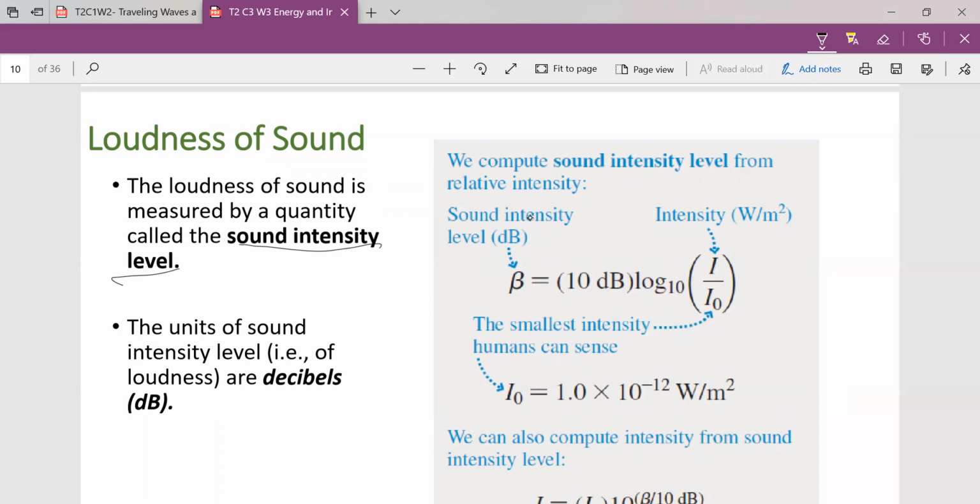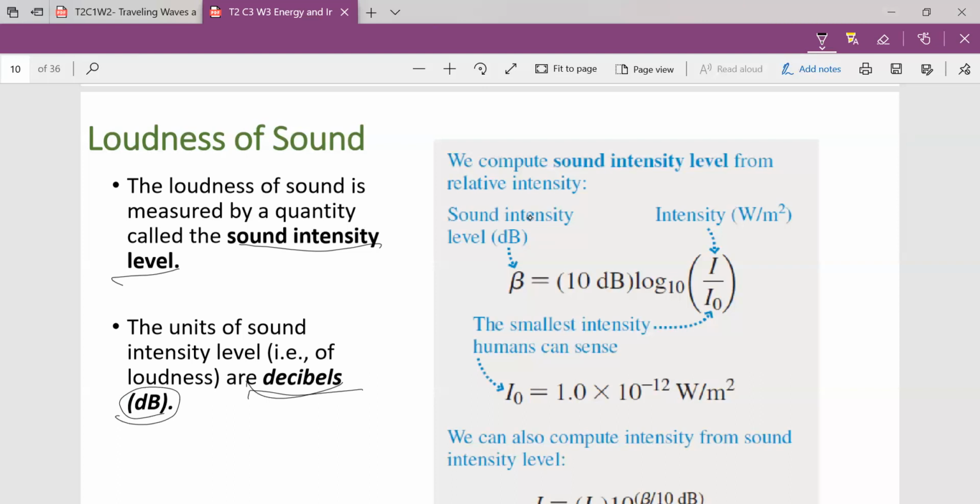The only way we describe the loudness of sound is with the quantity called sound intensity level. The unit of sound intensity level is the decibel. Decibel is represented with dB, small letter d and capital letter B.